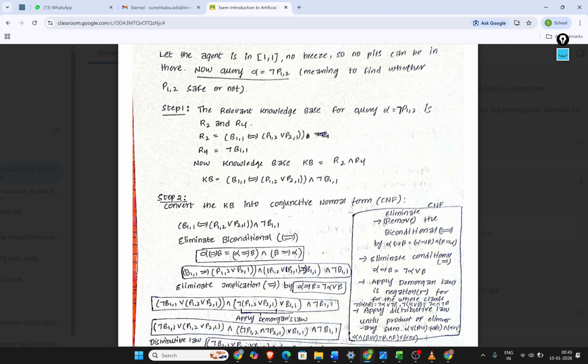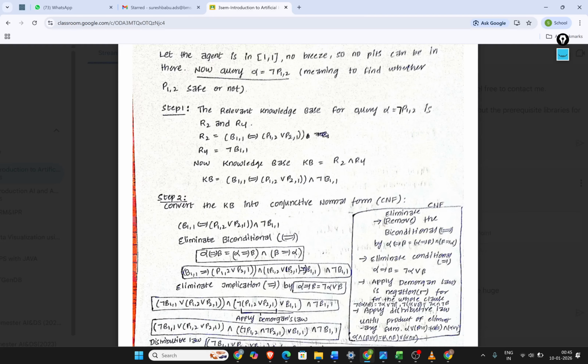In the alpha place we substitute B1,1 and in the beta place we substitute P1,2 or P2,1. So we can write: B1,1 implies P1,2 or P2,1, and P1,2 or P2,1 implies B1,1, and negation B1,1. This is our equation after removing the bi-implication.